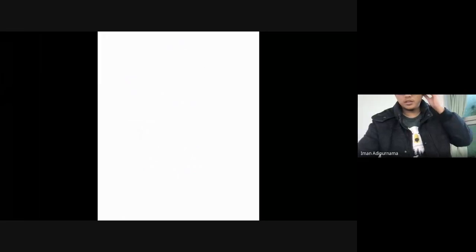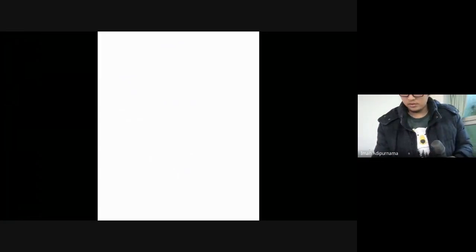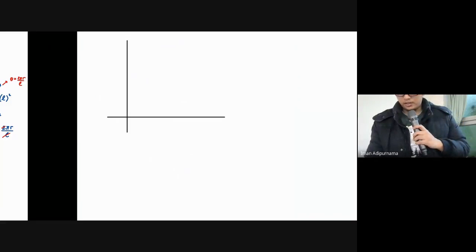Okay, now let's make some curves. Let's say this is P0, and let me make it bigger to see the shape clearly.